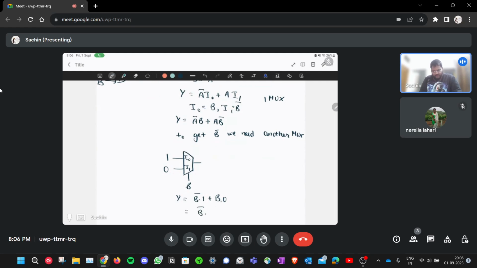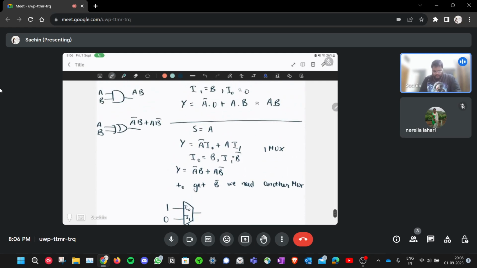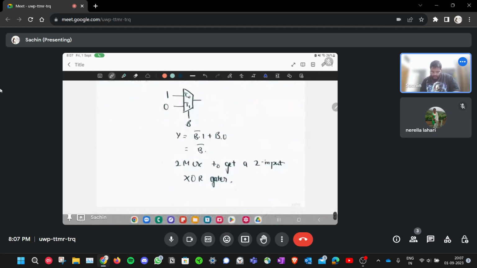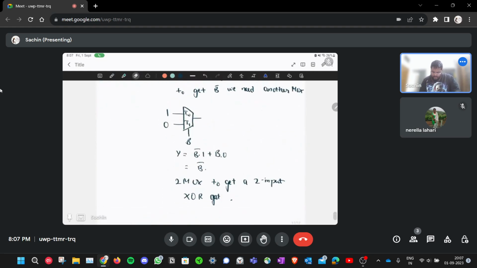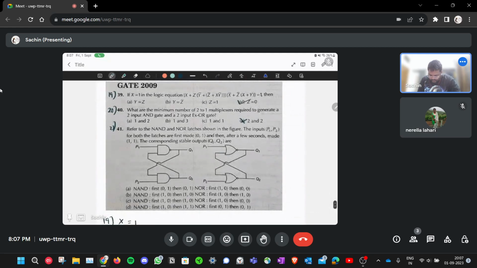So you need one multiplexer to get B bar. So in total you need 2 mux to get a 2 input XOR gate. So the correct option is 1 and 2.